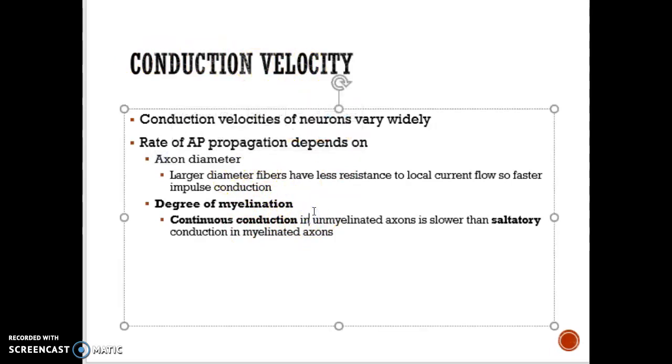Just think about this. If I wanted to put out a fire, am I going to use a garden hose or a fire hose? The larger the hose, the more water can get through in a short amount of time. Same deal here. The larger the axon diameter, the more information can get through in a shorter amount of time. So those are the two major things to look at when we're talking about conduction velocity: how big is the fiber and what is the insulation like.